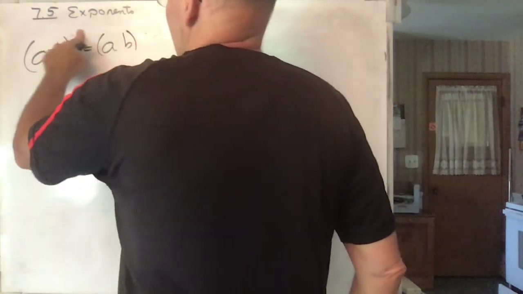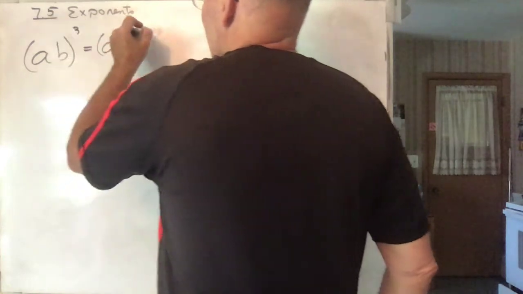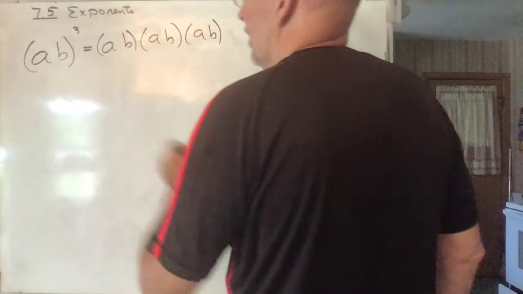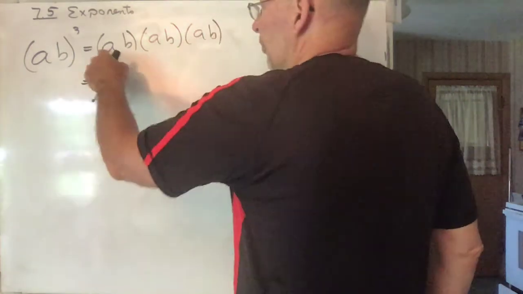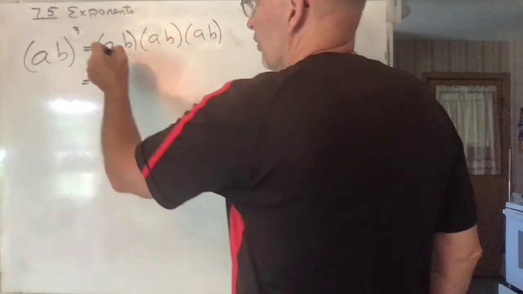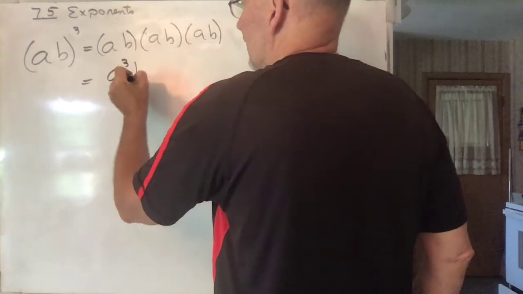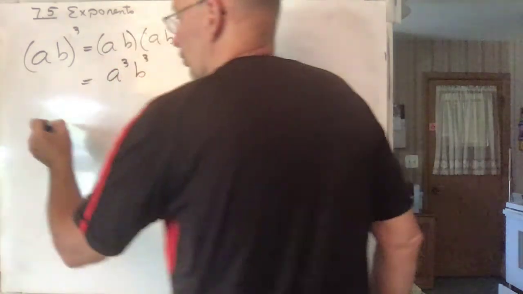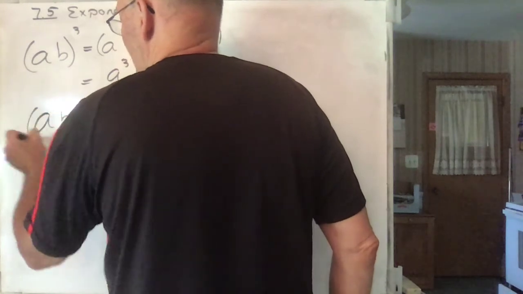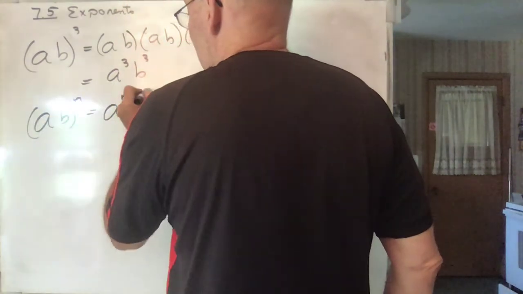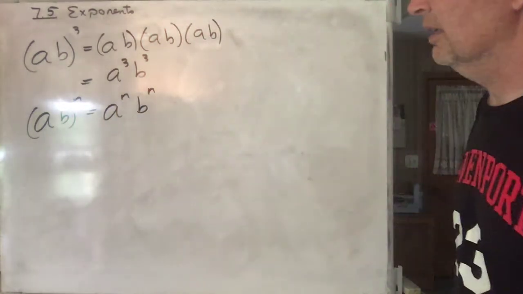Let's make it to the 3rd power, just keep it easy. ab, ab, ab. Well, now, with multiplication, you can multiply in any order. So this is a times a times a is a cubed. B times b times b is b cubed. So notice that a times b all to the n power is just going to be a to the n times b to the n.